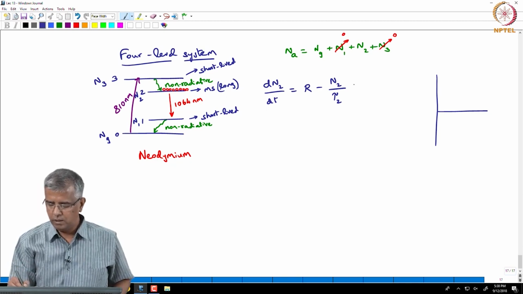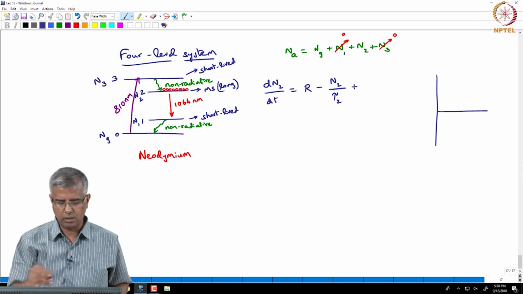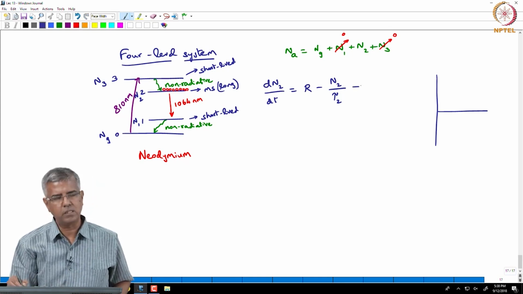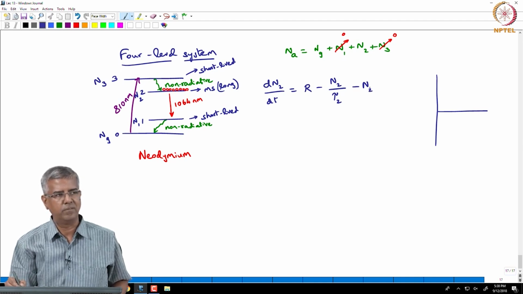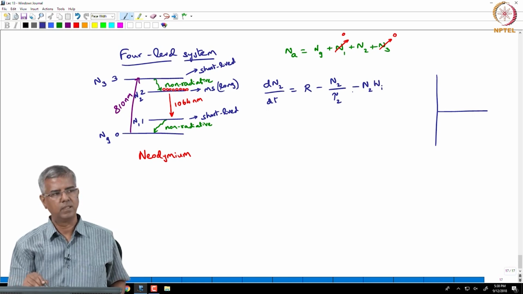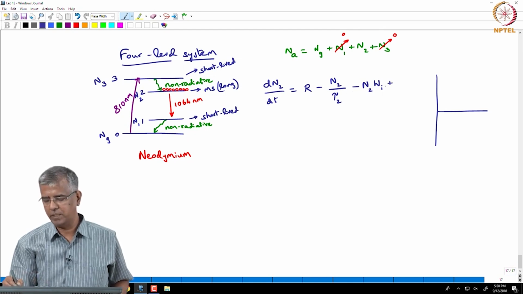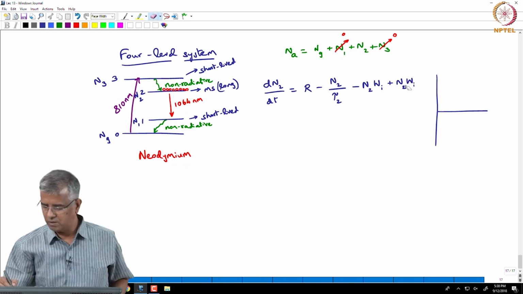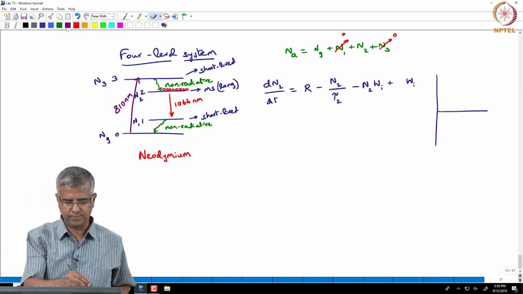And then it will increase, or rather let us talk about this first. It can also decrease because of what? What else can happen from energy level 2? Stimulated emission, right, but it will increase because of stimulated absorption, sorry, which depends on N 1.